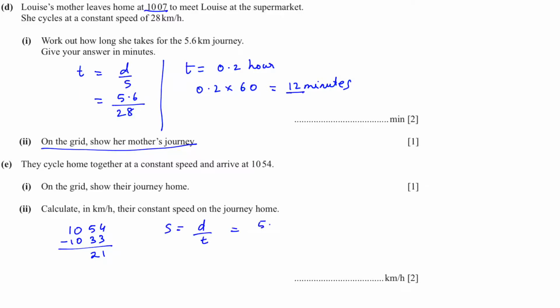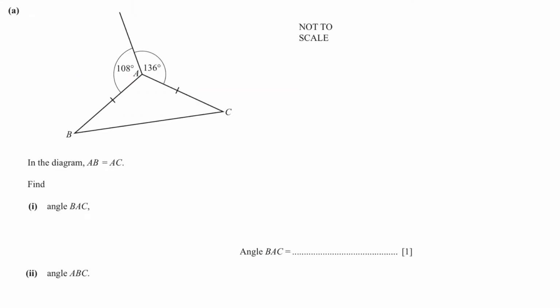Distance is 5.6 and time is 21 minutes. To change it into hours, divide by 60. You can write in the calculator 5.6 divided by 21 over 60, or you can write 5.6 divided by 21 times 60, and we will get 16 km per hour.